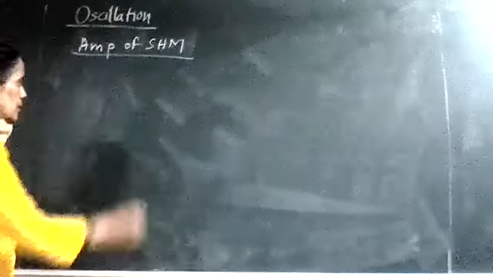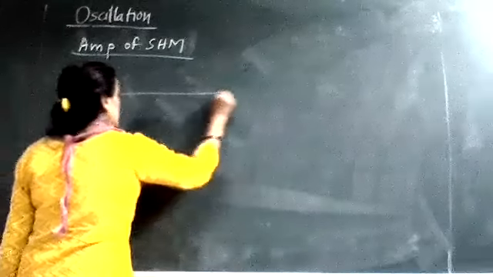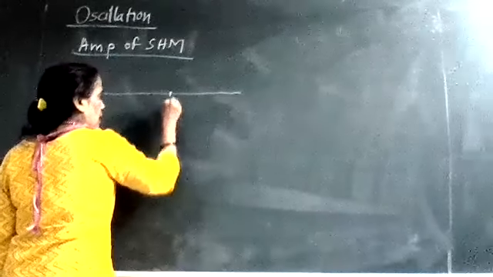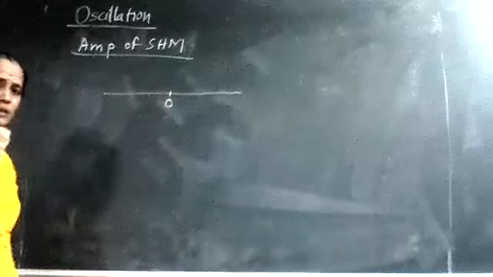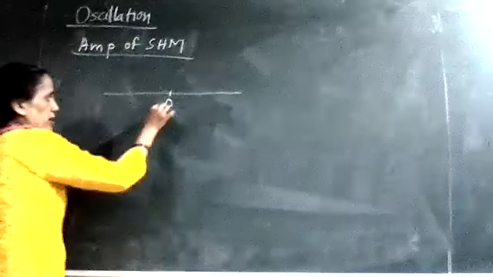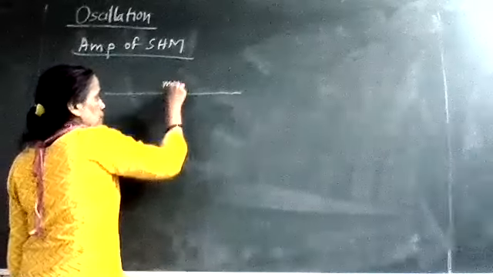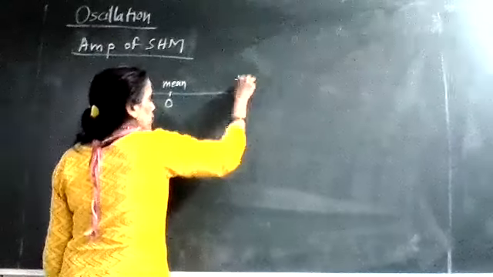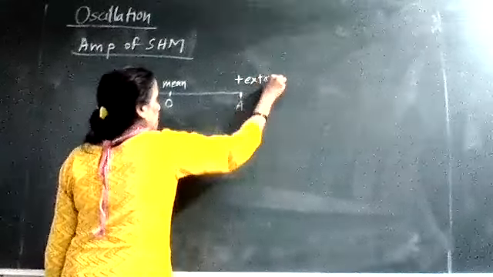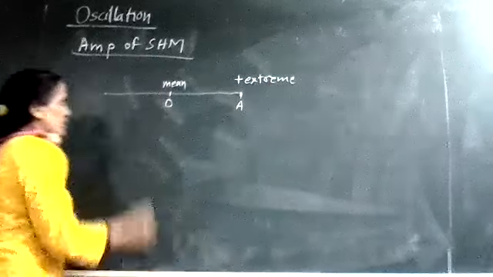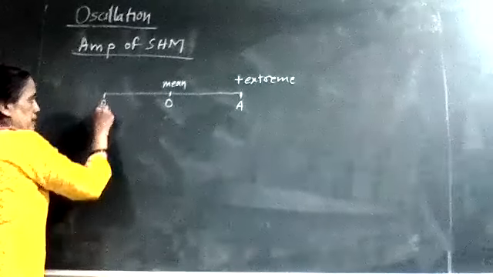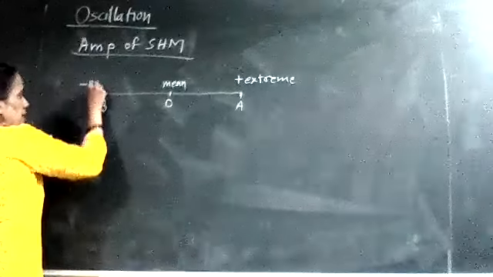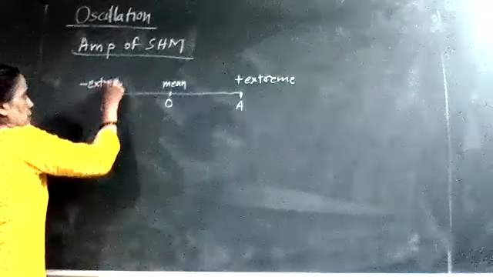Now, what is that? Let's consider this is the path along which your particle is moving. Your particle is moving from O as the mean position to A as the positive extreme position, as well as towards B, where B is the negative extreme point.